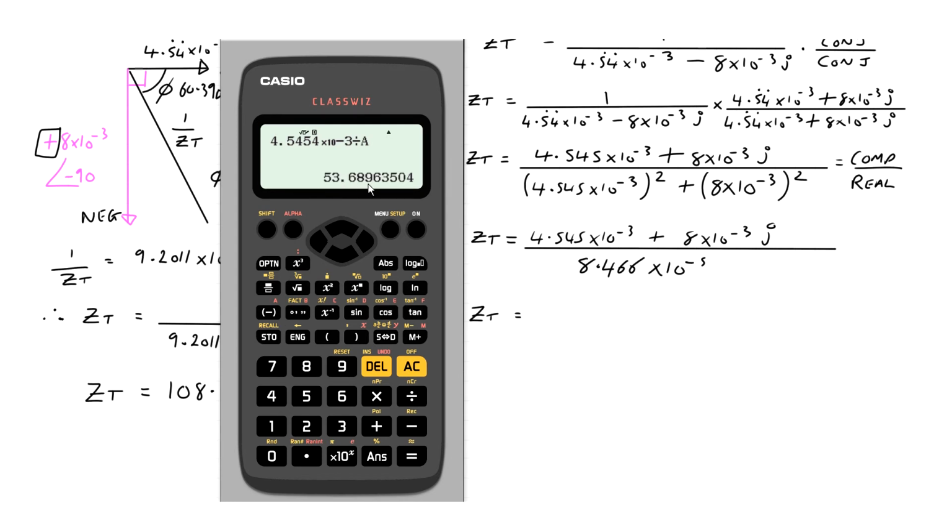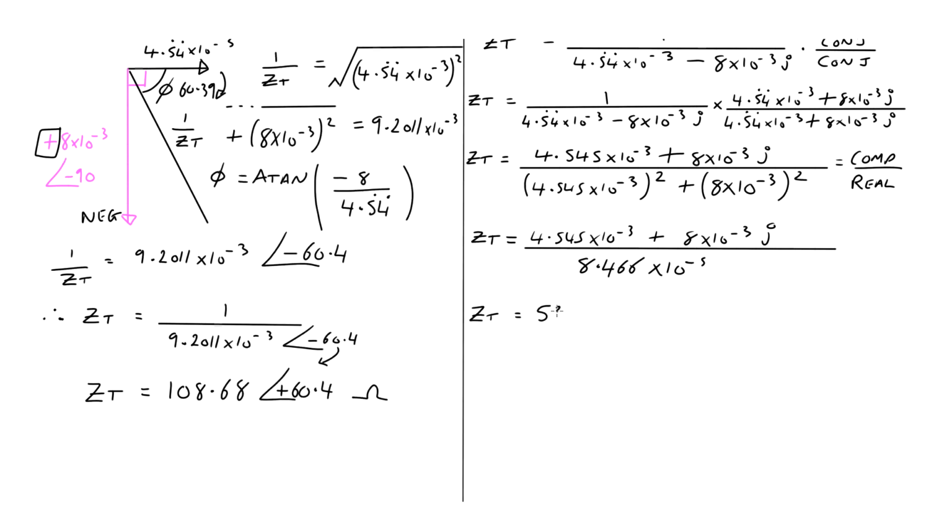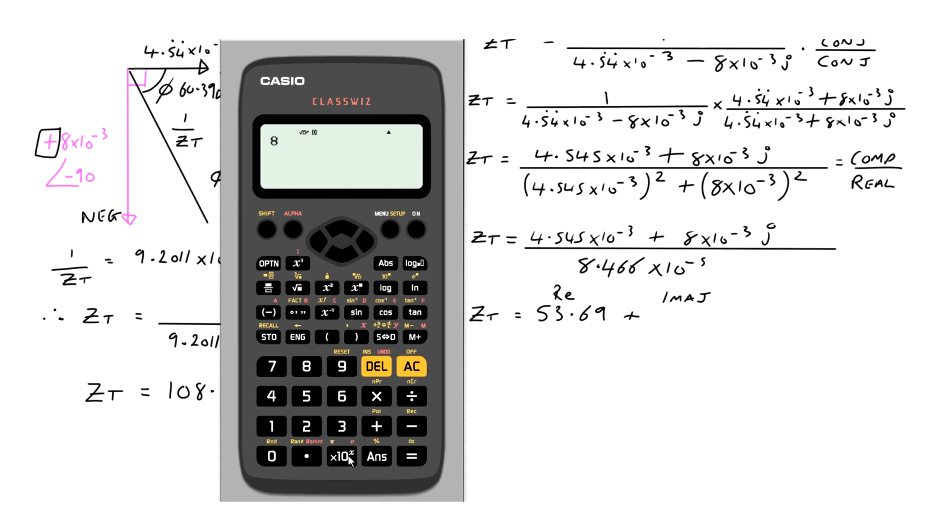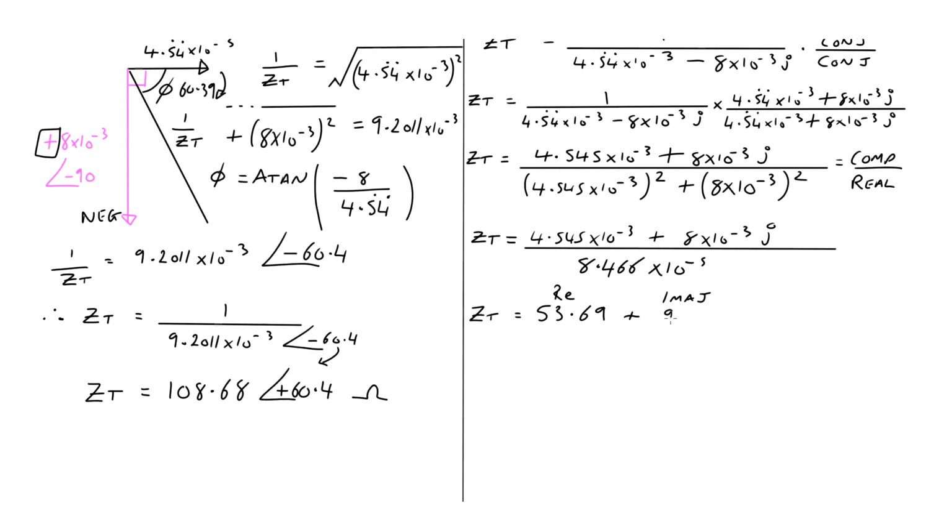So the real part is 53.69, and the imaginary part is 8 times 10 to the minus 3j divided by 8.466 times 10 to the minus 5. 94.495j, don't forget the j.